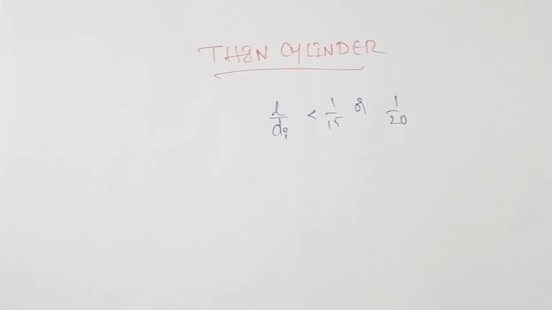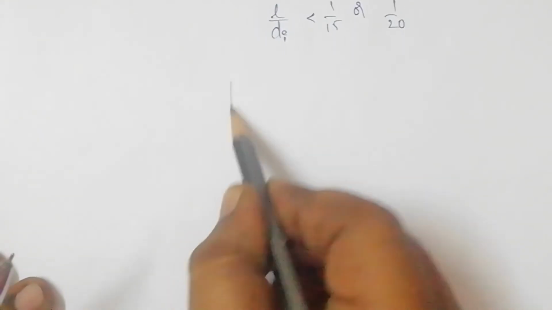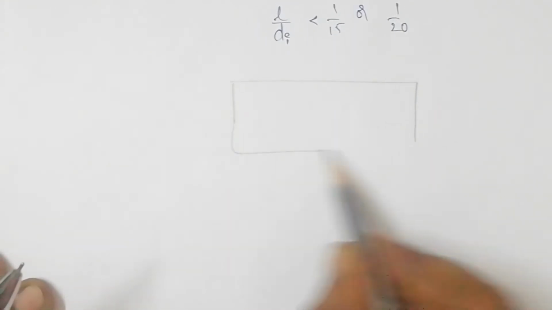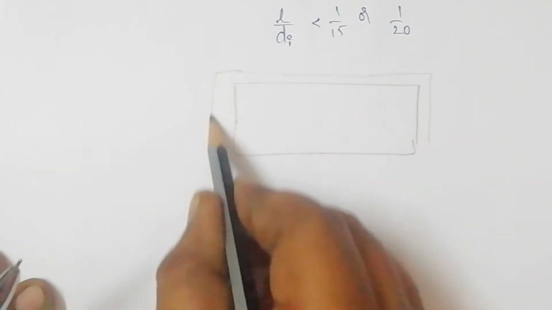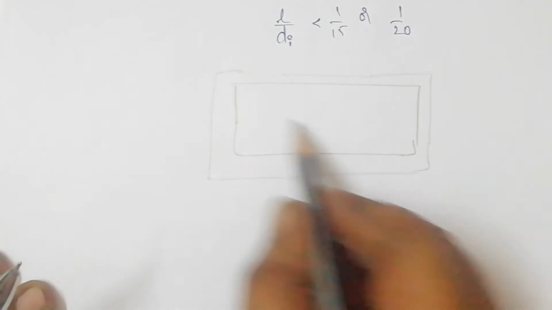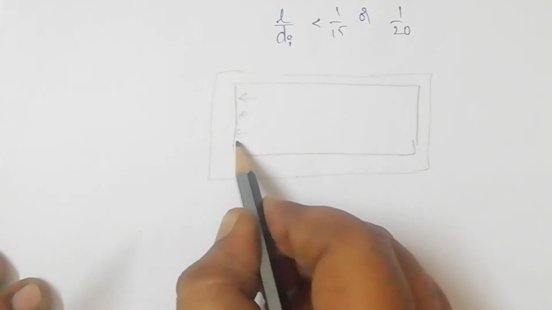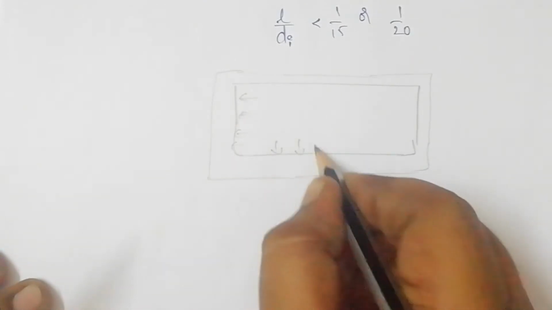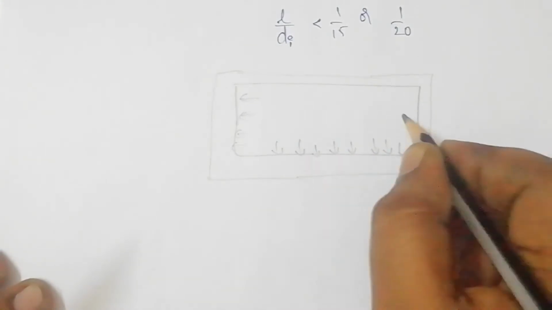So, why we are much bothered about thin cylinders is, for example, if you take a thin cylinder which is carrying a fluid inside, so let us take this as a thin cylinder which is having a fluid inside. That fluid will try to apply internal pressure in all the directions on the walls of the cylinder. Okay.